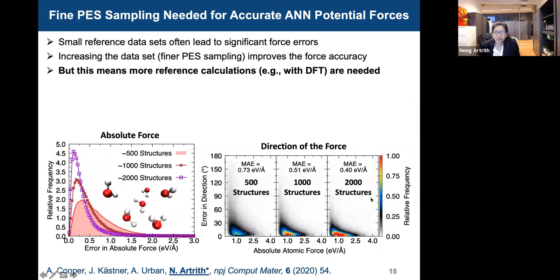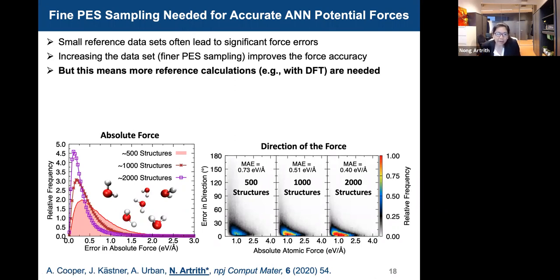Just in brief, you can see here neural network potential. Usually you need a lot of database, right? But sometimes we cannot generate and develop large database so easily. But we have sometimes quite small data set. How can we make use of small data set and then make good neural potential directly?